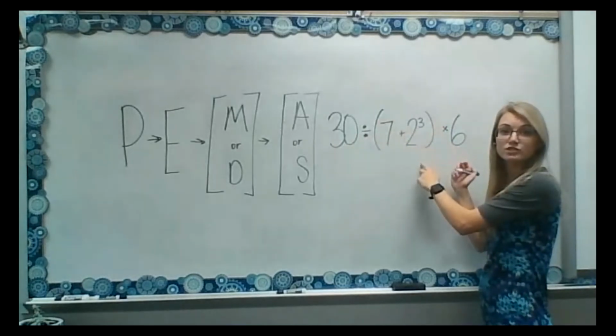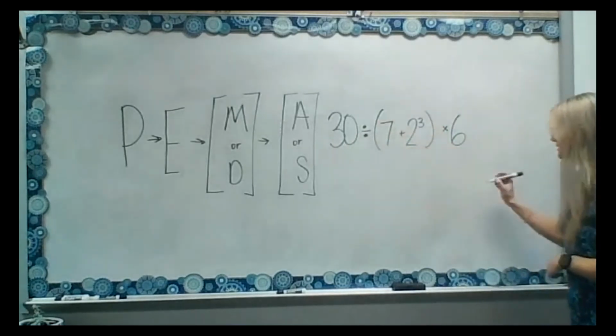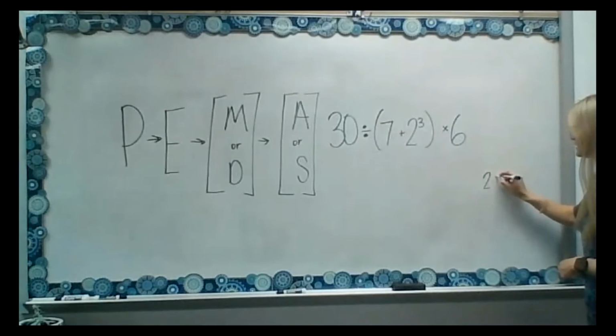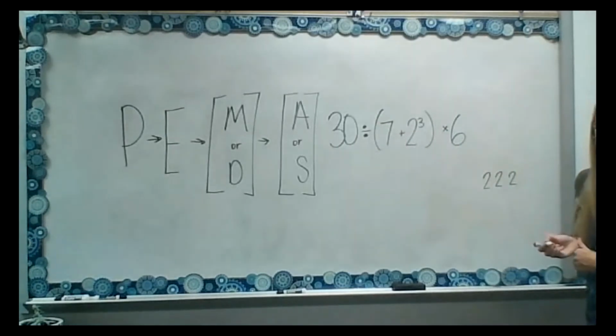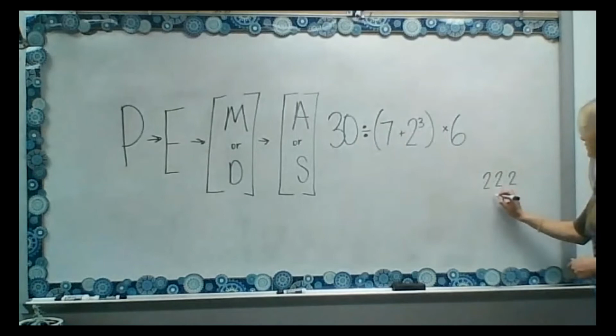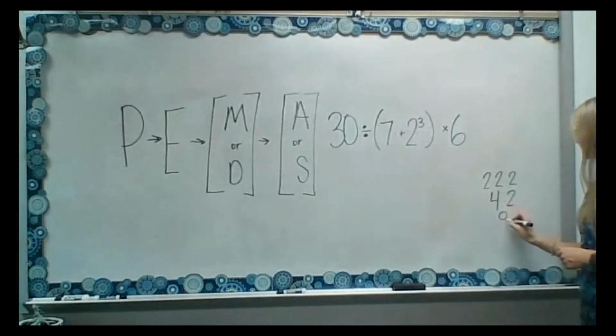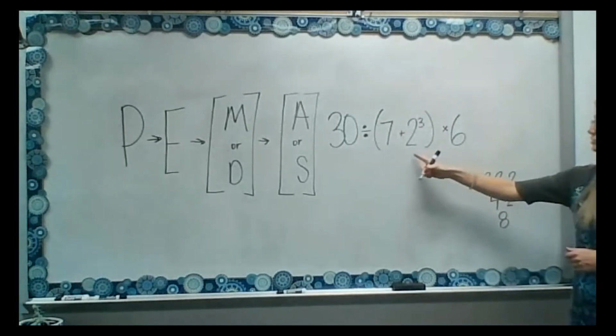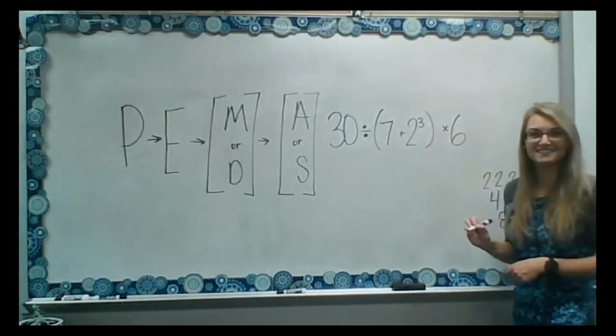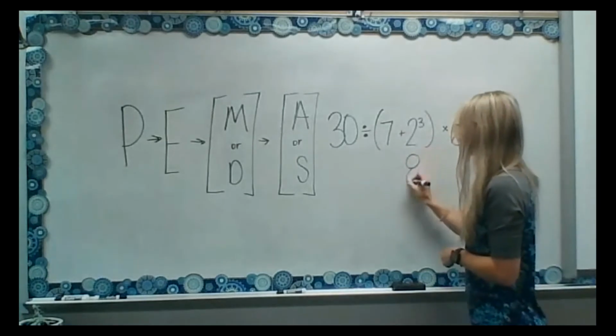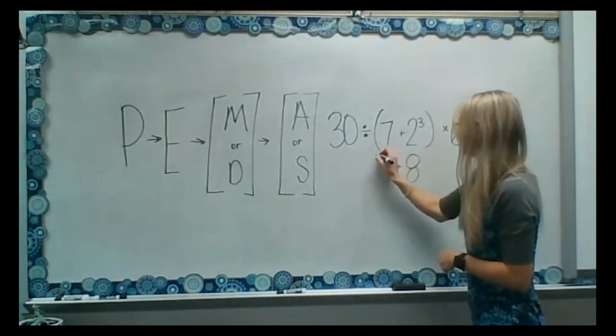So we're going to solve 2 cubed. 2 cubed is basically saying 2 times 2 times 2, right? 2 times 2 is 4. 4 times 2 is 8. So 2 cubed is 8 plus 7.